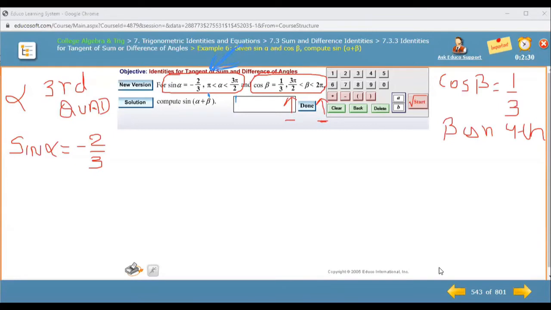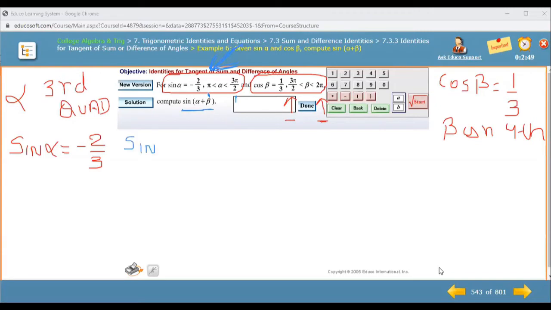Okay, now first I need to identify sine of alpha and the quadrant, cosine of beta and the quadrant. Second thing I need is to write the formula for what I'm trying to calculate. I'm trying to calculate sine alpha plus beta.